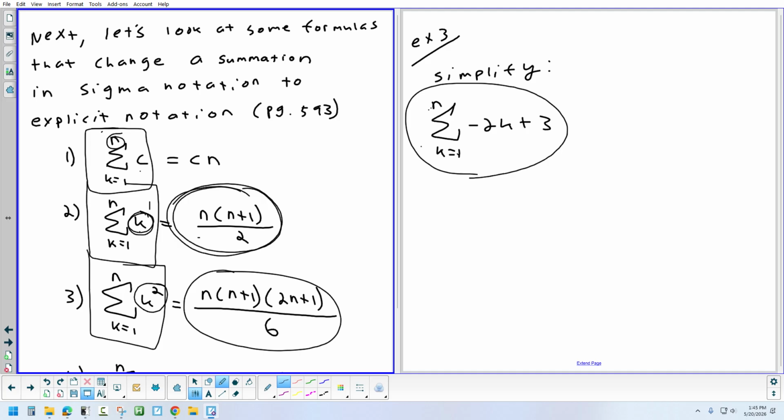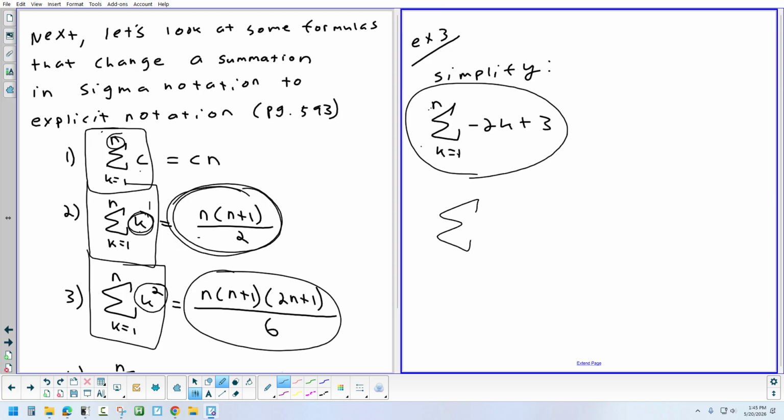Let's start by breaking it into 2 different sigmas. Where is each summation going to start? That's what's going to be my starting index. Yeah. They both have to start at 1. And where will they stop? Yep. They both have to stop at n.